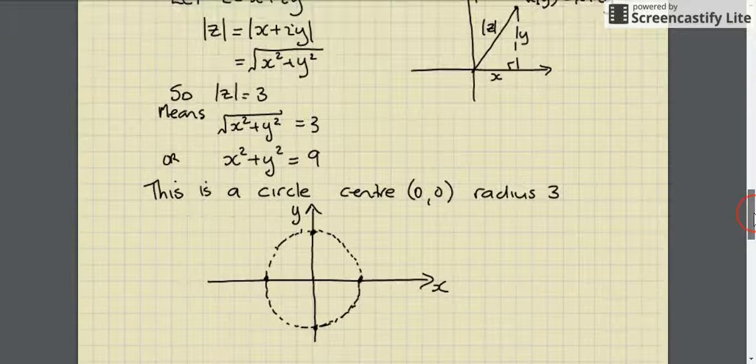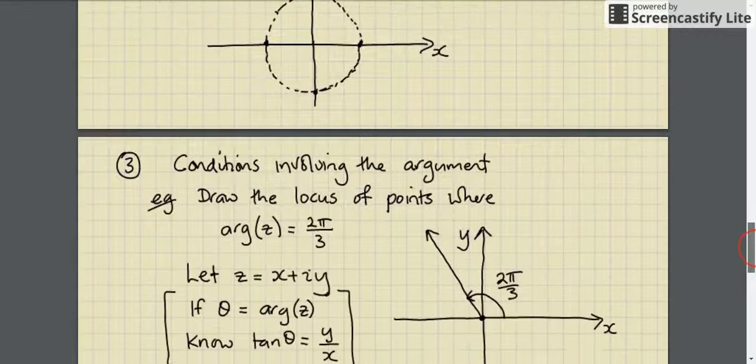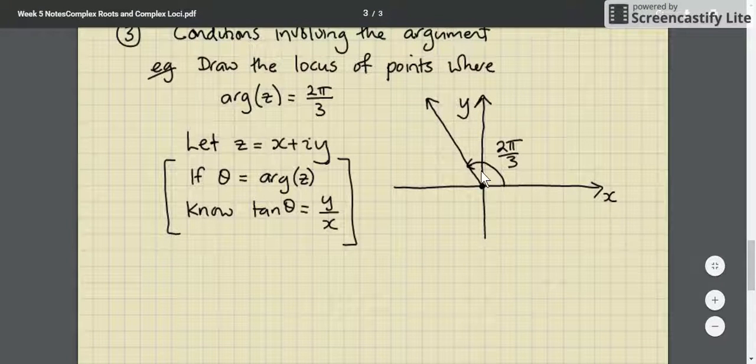The third type of problem is conditions involving the argument. So here we have a question saying, draw the locus of points where the argument of Z equals 2 pi over 3. So again, we need to let Z equal X plus IY.